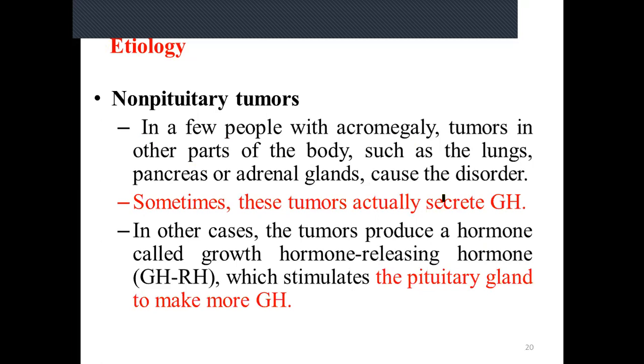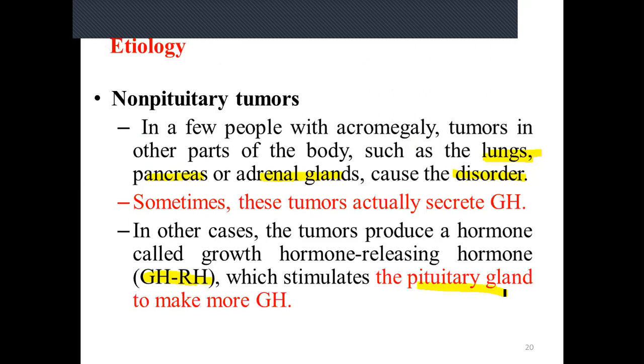Then, of course, some types of tumor can produce ectopic growth hormone. For example, if someone is having an adenoma or tumor in the lung, even in the pancreas or the adrenal gland, they can secrete growth hormone, but mostly they produce growth hormone releasing hormone that can stimulate the anterior pituitary to produce more growth hormone.